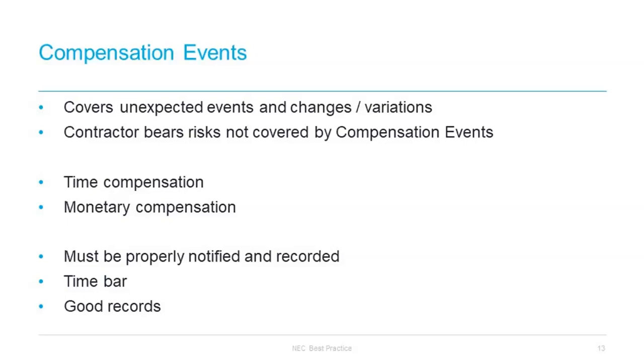In assessing compensation events, compensation can be by way of both money or time. As I mentioned earlier, they're both included in a compensation event, if relevant. For monetary compensation, as we mentioned at the start, this is based on the defined costs as set out in the schedule or shorter schedule of cost components plus the addition of the fee. It is possible under clause 63.13, if both the contractor and project manager agree, for the event to be assessed using the activity schedule.